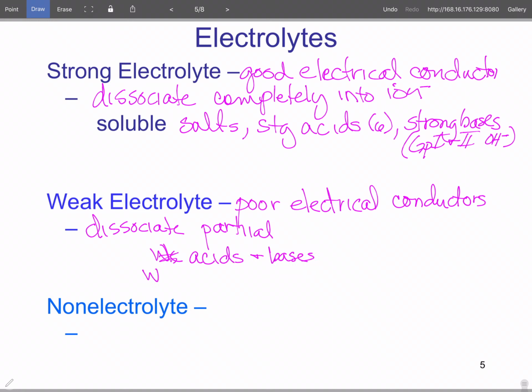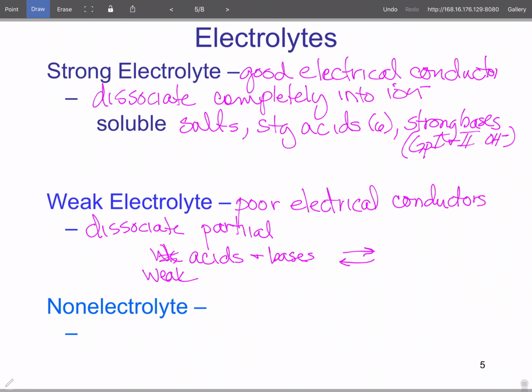Now, believe it or not, these are the easiest ones for y'all right now, because if you have a double arrow like this, that means it's going back and forth. That means it's not dissociating completely. That means it is a weak electrolyte.